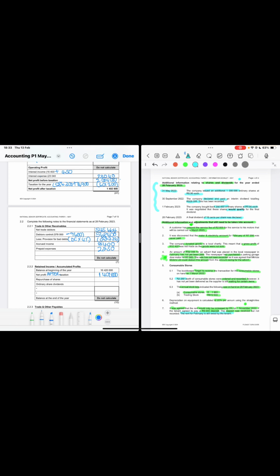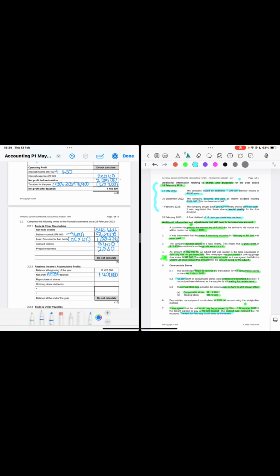Now we are focusing on the buyback. With the buyback, you have that repurchase price, which is R9.95. But in your ordinary share capital note, you can't put the R9.95 when you are recording the repurchase. You need to use what's called the average price.